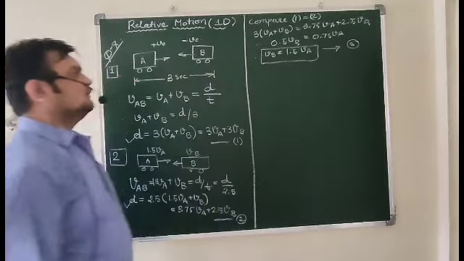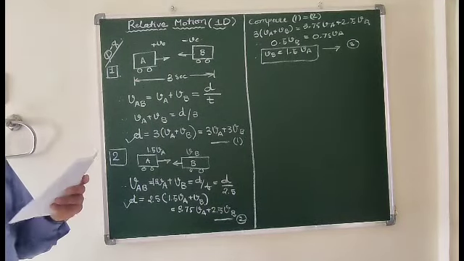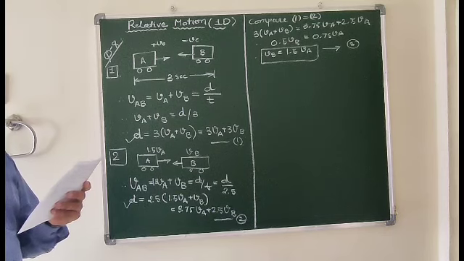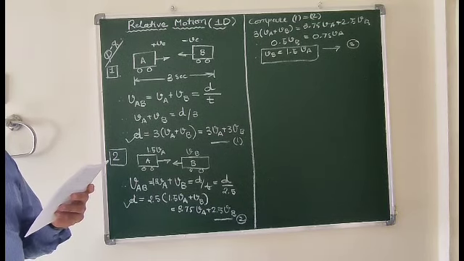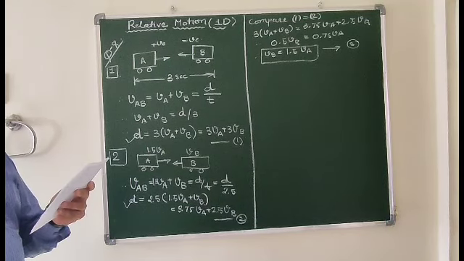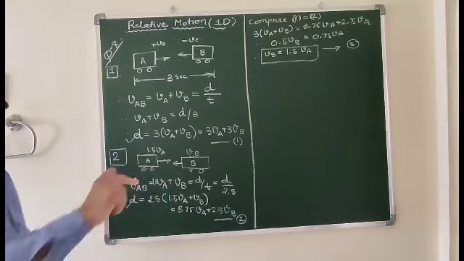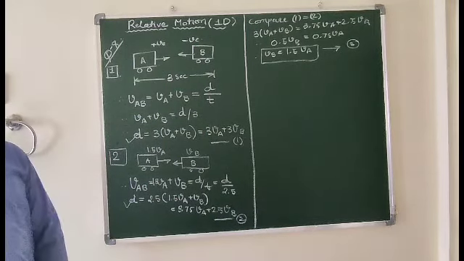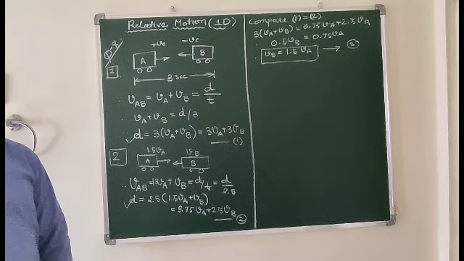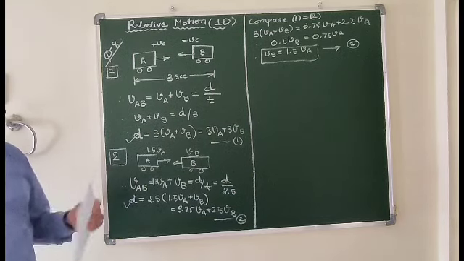Now in case number 3, we have to find out the time one would take to pass each other when going in the same direction at their original speed. So at their original speed, if both trains are moving in the same direction, then we have to find out ultimately the time.